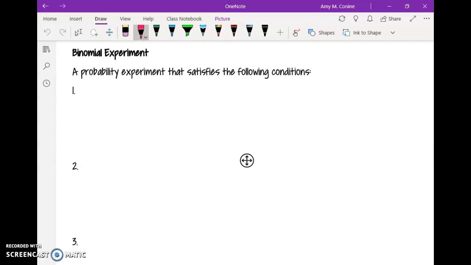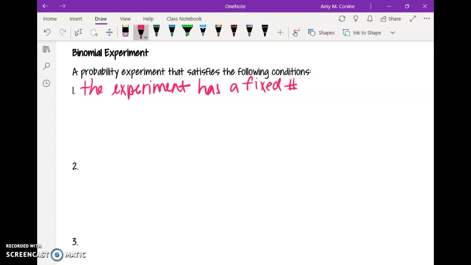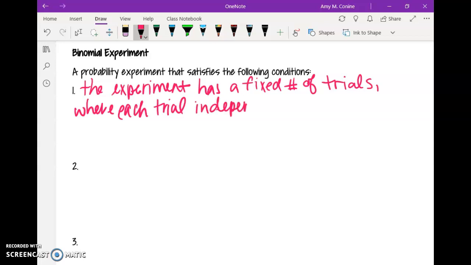The first one: the experiment has a fixed number, a set number, of trials, so how many times it can be done, where each trial is independent of the other trials.